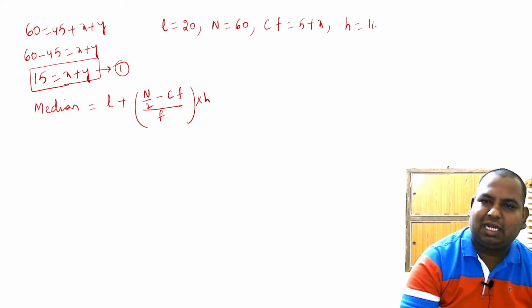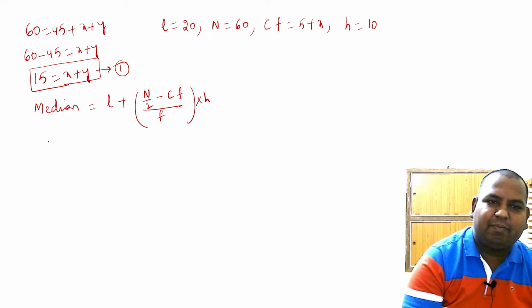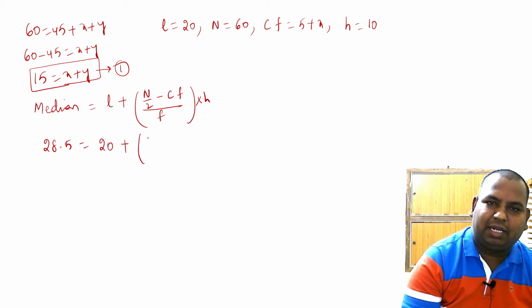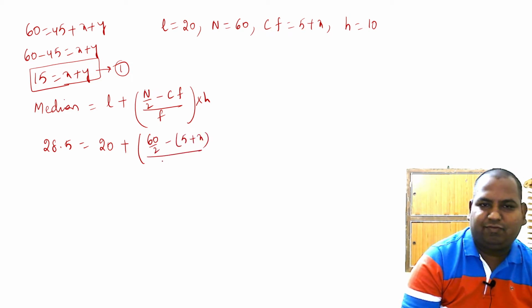Now we'll substitute the values in the median formula. We have the median as 28.5. So 28.5 is equal to L, the lower limit, that is 20, plus n by 2, which is 60 by 2, minus CF, which is 5 plus x, by f.